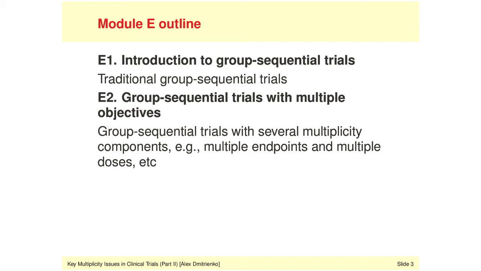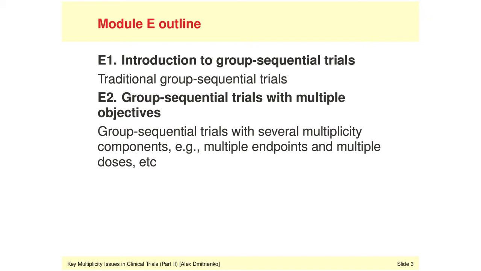We will first examine group-sequential designs, and with this foundation in place, we will be ready to handle multiplicity issues that arise in general adaptive designs, and we will do that in Module F.